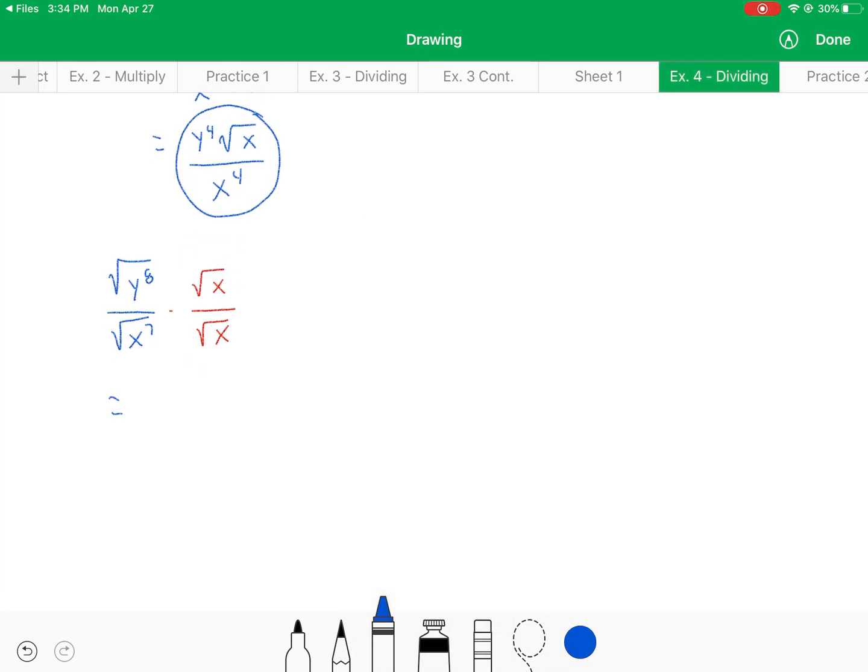So that's going to give me square root of x y to the 8th over square root of x to the 8th. Square root of x y to the 8th will simplify to y to the 4th square root of x, and then the square root of x to the 8th simplifies to x to the 4th. Okay, so that would be a different approach that leads you to the same result.